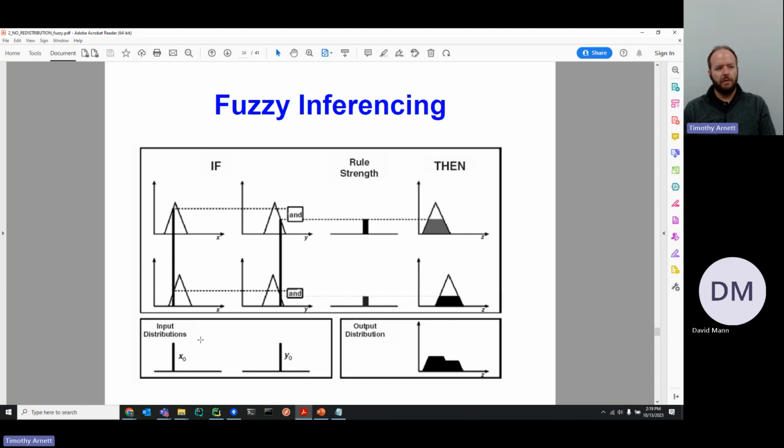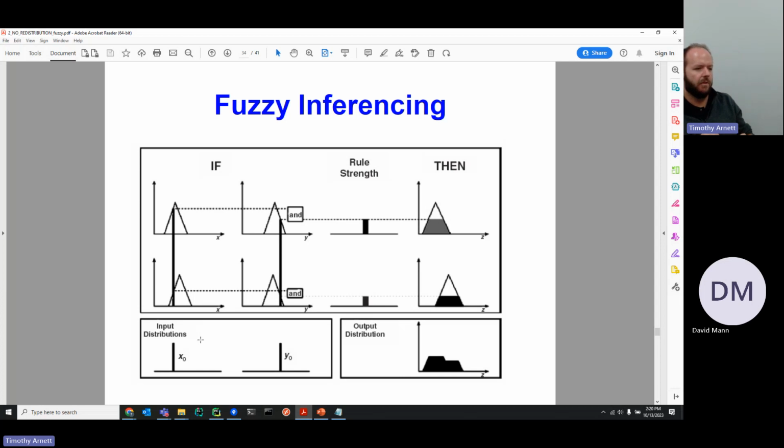Minimum is the most typical one that's used, and if I remember correctly, it is the one that represents the maximum value for the T norm. It has a higher value than the other T norms, and similarly with max for the OR operations.